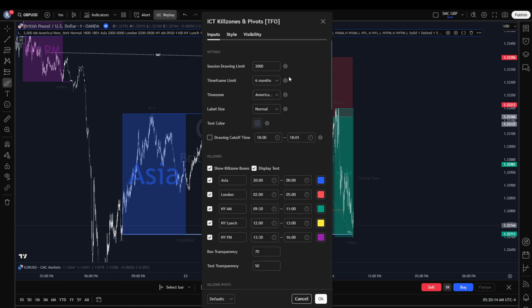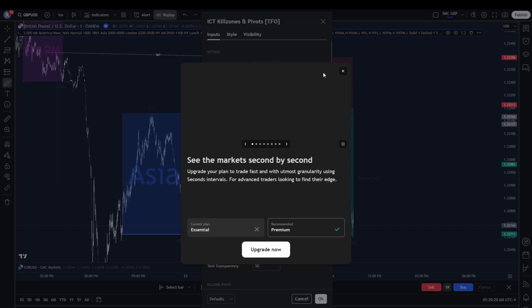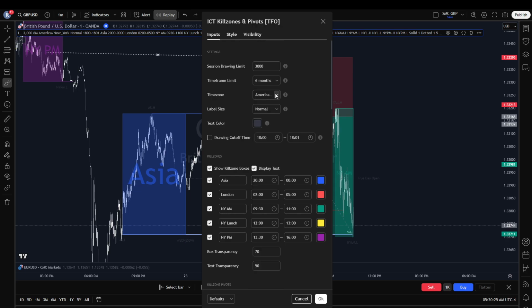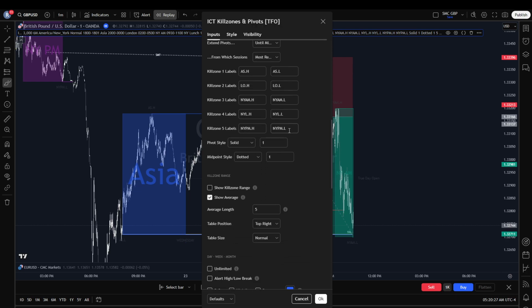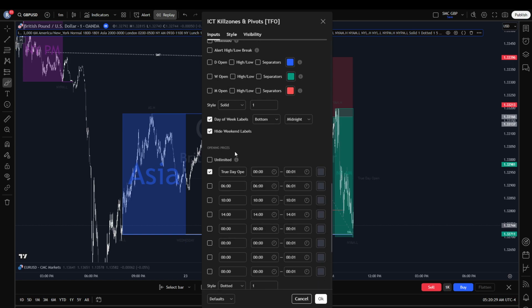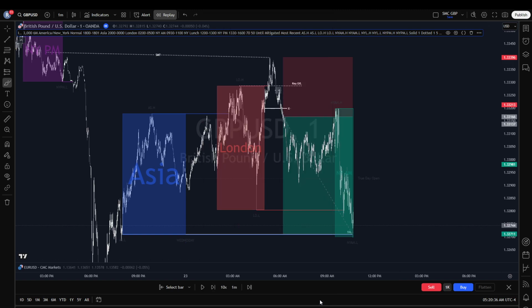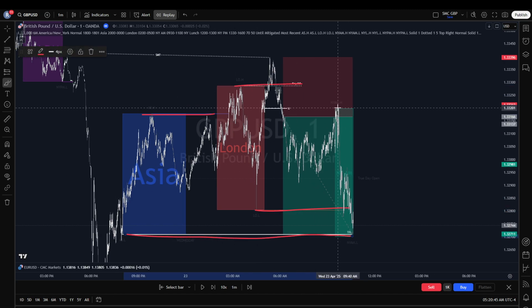I don't really know, because when it's standard, it's usually like 5, and you can't see your sessions from a long time ago. And time frame limit just higher than like a day or something like that. Okay, American time zone, and then you also want to make sure that your true day open is on, and that's your setting for the true day open. Okay, so once you have all of those settings turned on, your chart should look like this. You should be able to identify the highs and lows of your previous session liquidity.